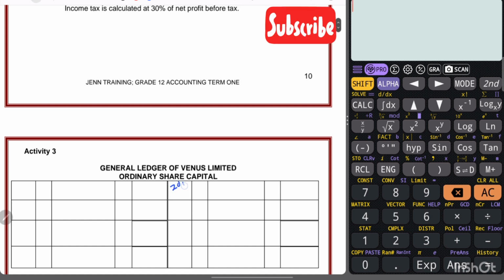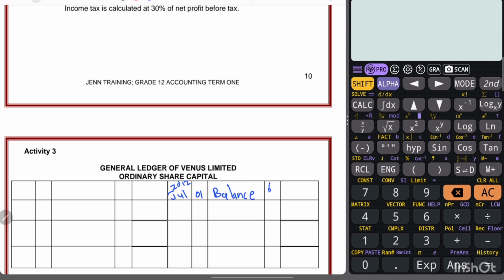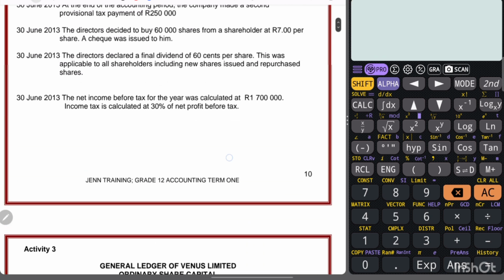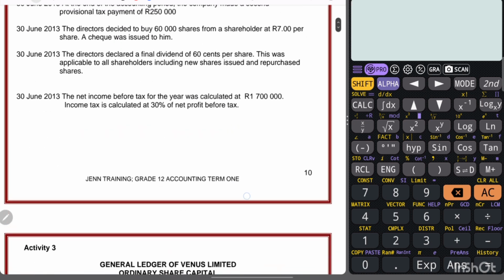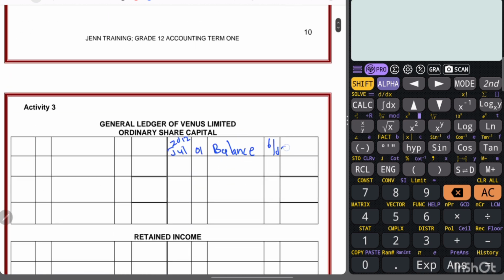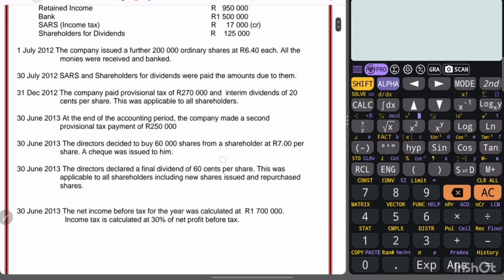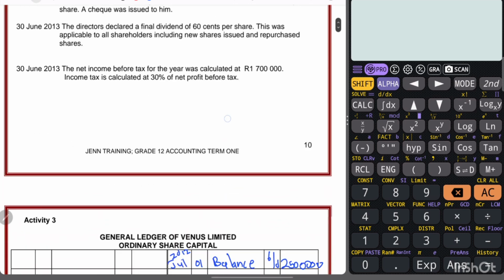Then it's going to be 2012 here, July 01. You write balance here, and it's balance brought down. How much is the balance? 2,500,000.